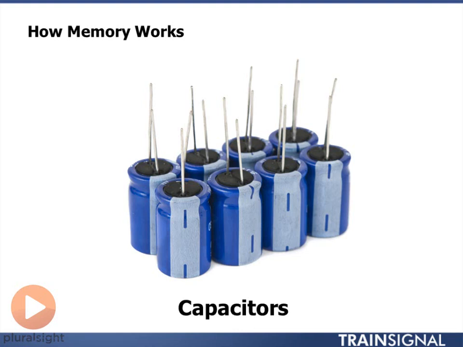So if one capacitor can store an electrical charge, then you can imagine what you could do with a collection of them. Well, that's essentially what RAM does. It stores a series of these electrical charges in a group of capacitors. Okay, so it has all these zeros and ones to truly make up the data that we're trying to store.